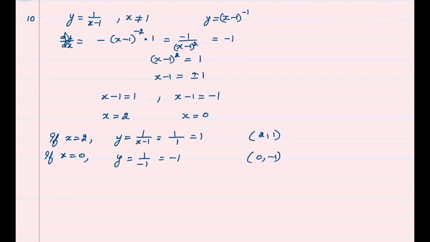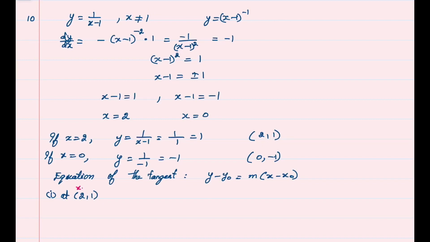We have to find the equation of the tangent. Equation of the tangent formula is y minus y0 equal to m times (x minus x0), where (x0, y0) is the point of contact and m is the slope of the tangent. We will write the first answer at (2, 1).